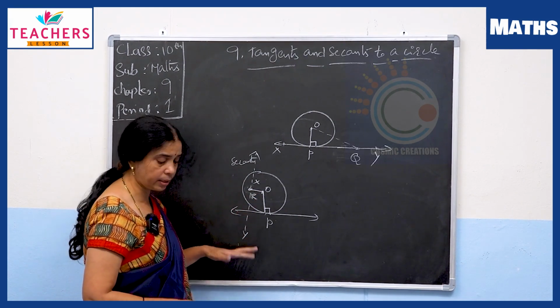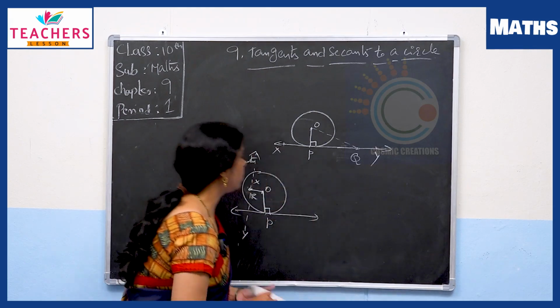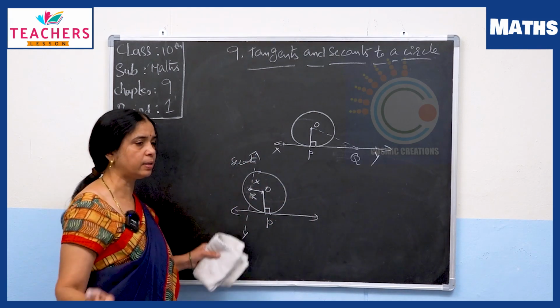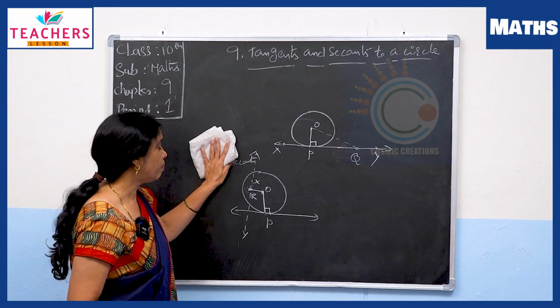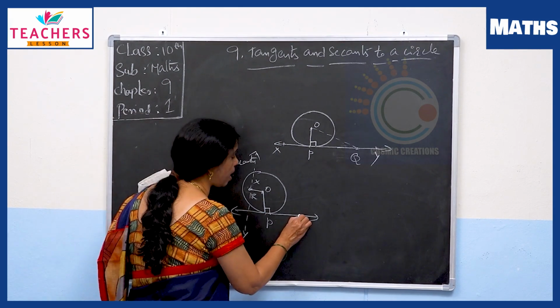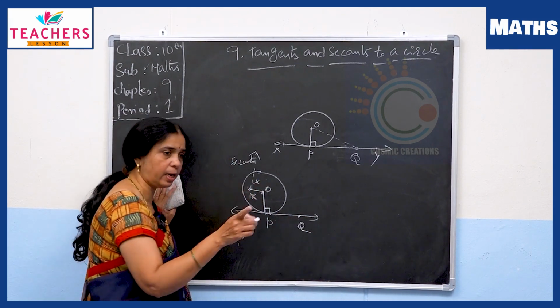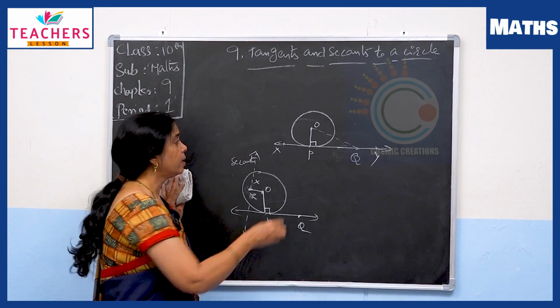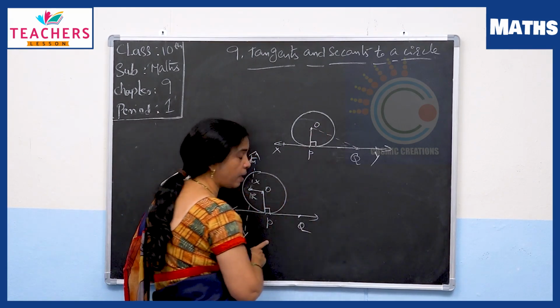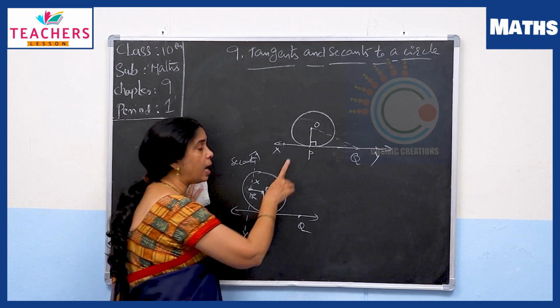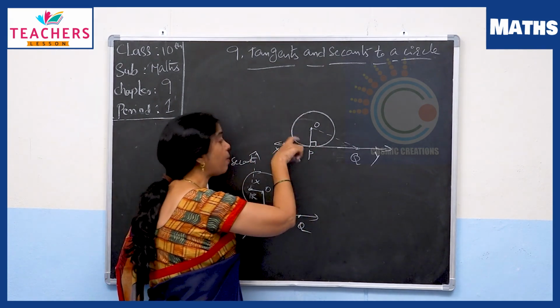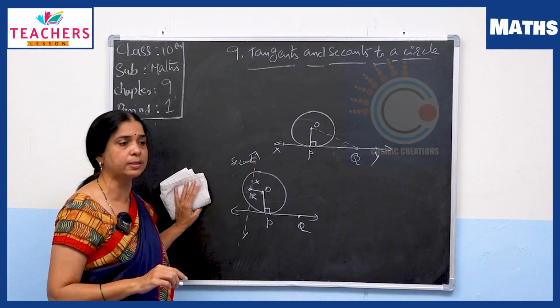So you should not take any point inside the circle. But we can take any point on the tangent, because the angle between the radius and the tangent at the point of contact is 90 degrees.